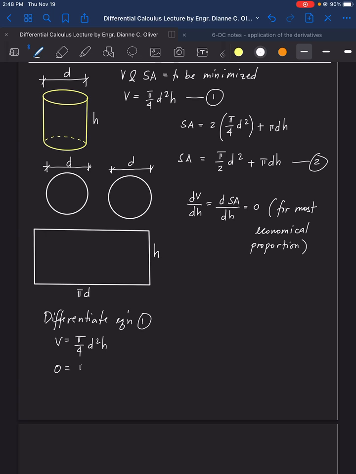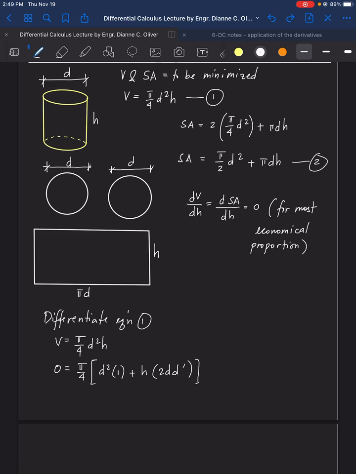That is equal to pi over 4. And the derivative of a product, we have d squared times 1 plus h times 2d d prime. Why d prime? Because the first one is dh over dh. And then for the variable d here, it's the derivative of d over dh. And that is d prime.